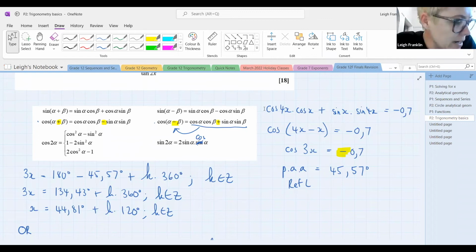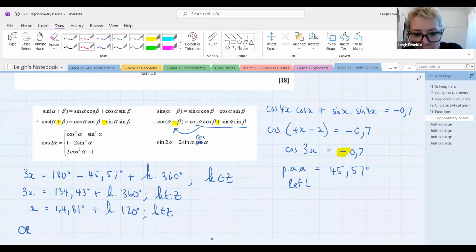So now we're going to try it again. Okay, Vanolo, what you're going to do is you're going to press Shift, cos, and then you're going to put in positive 0.7. I'll write it on the screen for you.